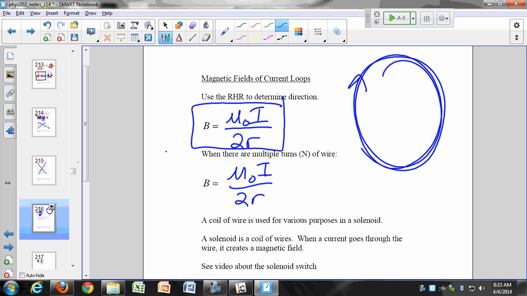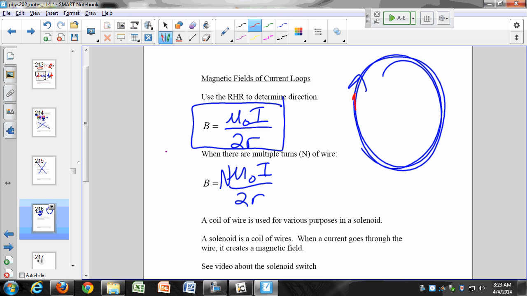If you have multiple turns of wire, you just multiply it by N. It increases your magnetic field. Remember in the lab, you had different numbers of turns of wire, and then you used different currents. If you increase the current, you increase the magnetic field. If you increase N, you increase the magnetic field. We can also find the direction of the magnetic field with our right-hand rule, the curl rule.